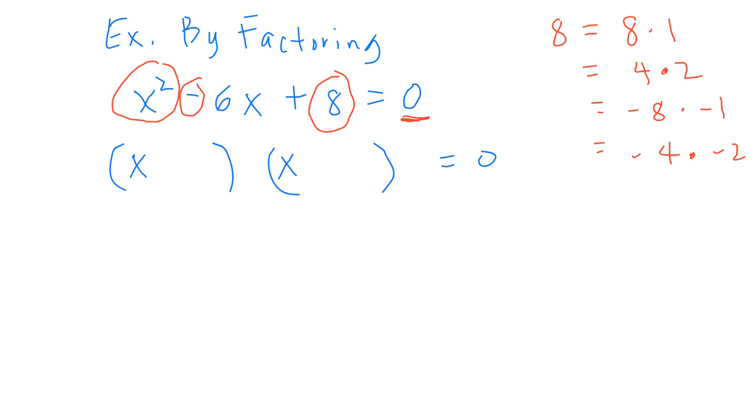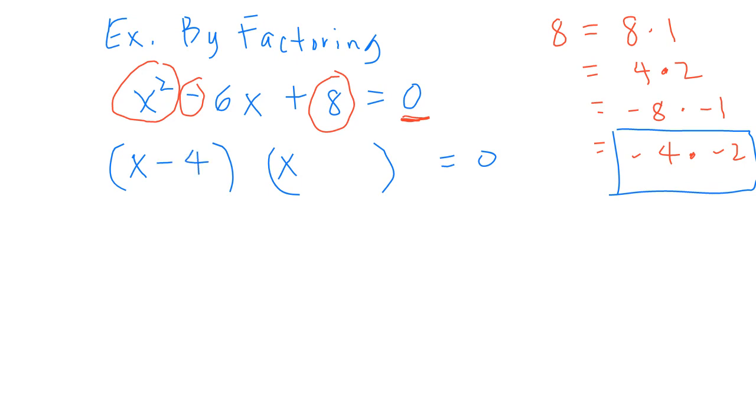Now you have to choose which of these factors fits your problem. Your goal is to look at the middle term, which is a negative 6. So I'm going to pick the last one, because when I add negative 4 plus negative 2, it gives you a negative 6. So that would be the right match.